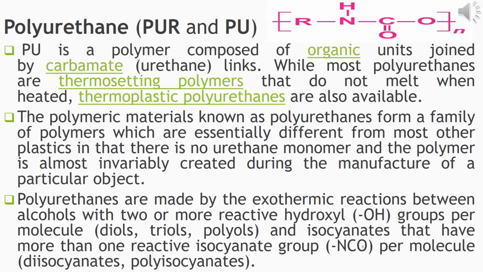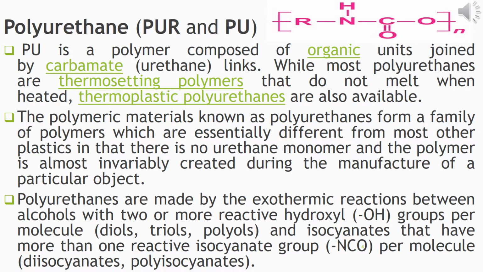Now, the polymeric materials known as polyurethanes form a family of polymers which are essentially different from most other plastics in that there is no urethane monomer. Like the name shows it is polyurethane, but there is no urethane monomer here, just a urethane linkage. This polymer is created during the manufacture of a particular object.